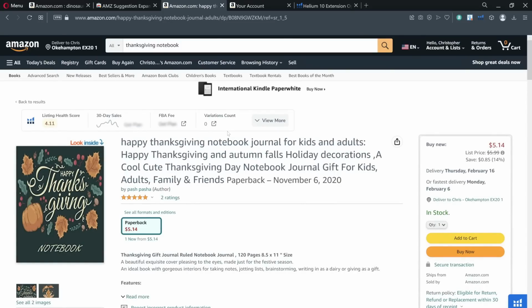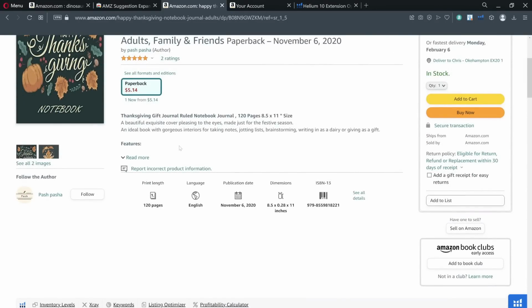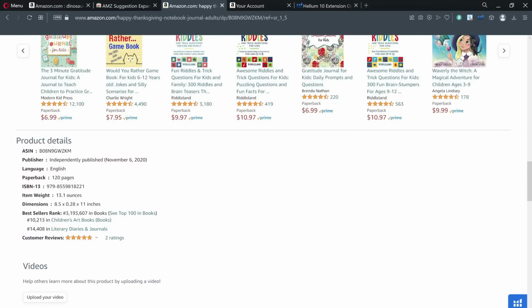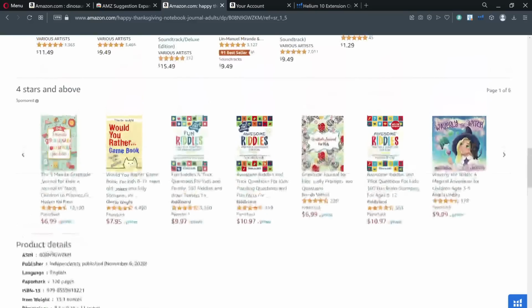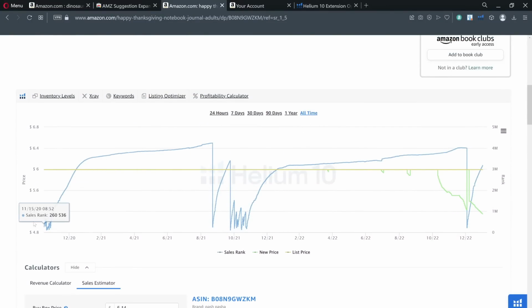So let's use another example here for one that isn't anytime soon, which is Thanksgiving notebook. I've just randomly typed that in. Obviously it's a seasonal book. We are currently ranked for this book 3 million. So if you're doing your research now, you look at that and you go, well, that's not worth pursuing. But if you're using the BSR chart here, what you can do is see that it does dip during, I don't actually know when Thanksgiving is.